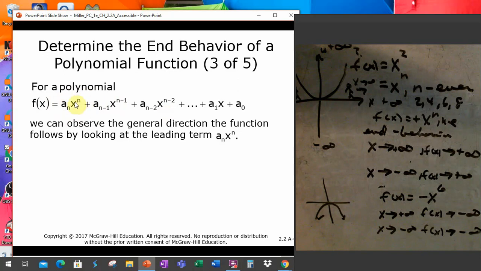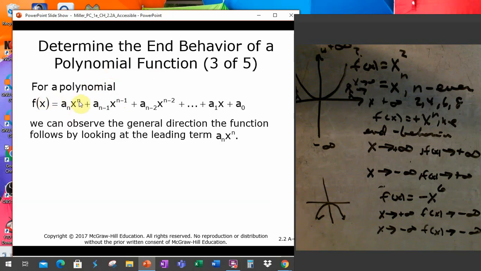This would be a larger number. So if I was at 100,000, I would be multiplying this number times 100,000 more than this number would be. Okay, so this tends to dominate. Once you get out to large numbers, this dominates, and this dictates the end behavior.